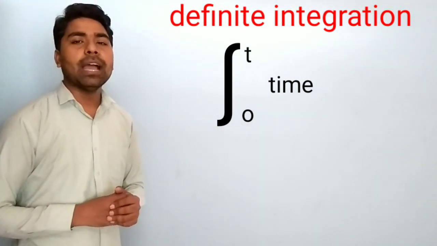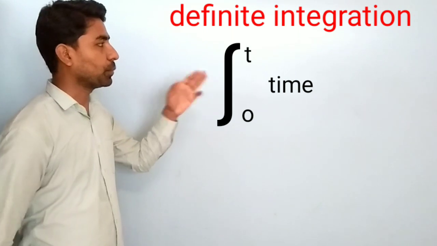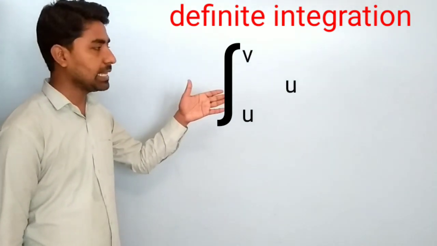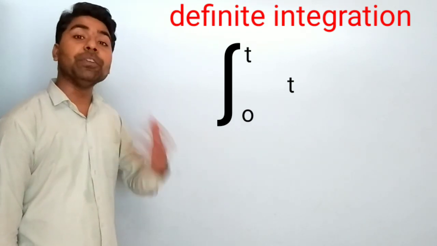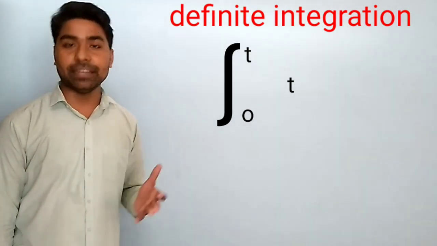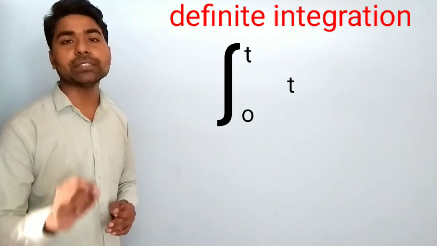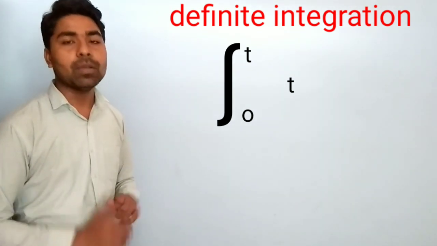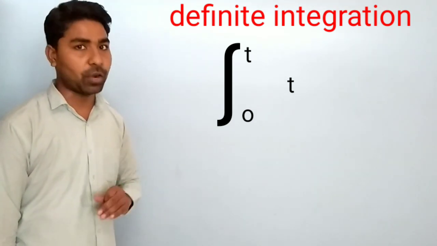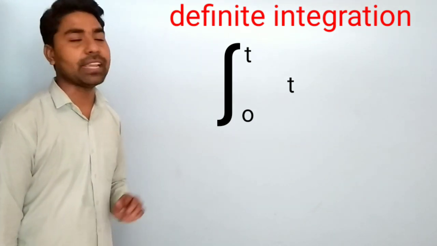But in the integration, if I am putting suppose u, v, acceleration, time, of which function are you going to integrate? Like in differentiation you have seen dv upon dt. So the function to differentiate with time. So here in integration, with what function? So here we will put one more factor.